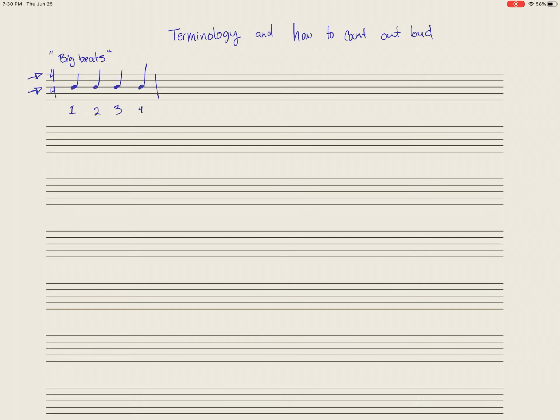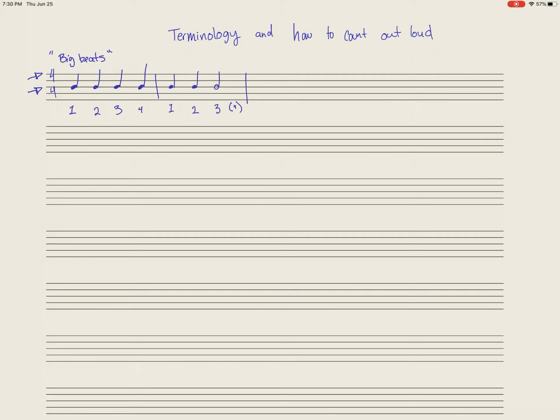Now it can get a little bit more complicated, and you become more responsible for keeping track of things as you encounter more complicated rhythms. So for example, if we have quarter, quarter, half note, if you counted this out loud, you would count 1, 2, 3, but then there would be no sound on beat 4 because that half note is sustained.